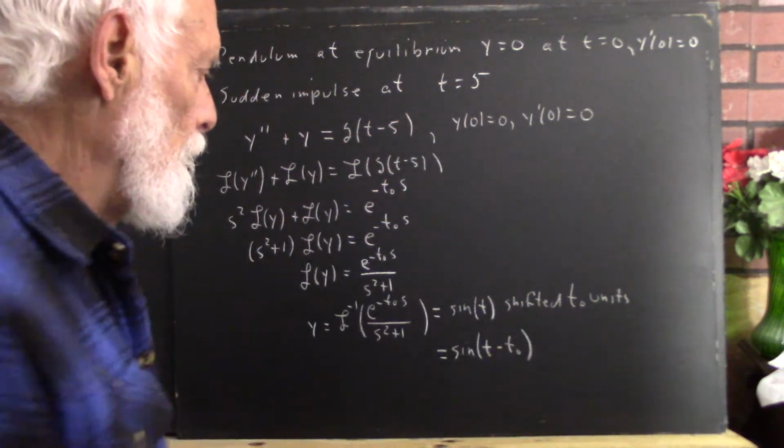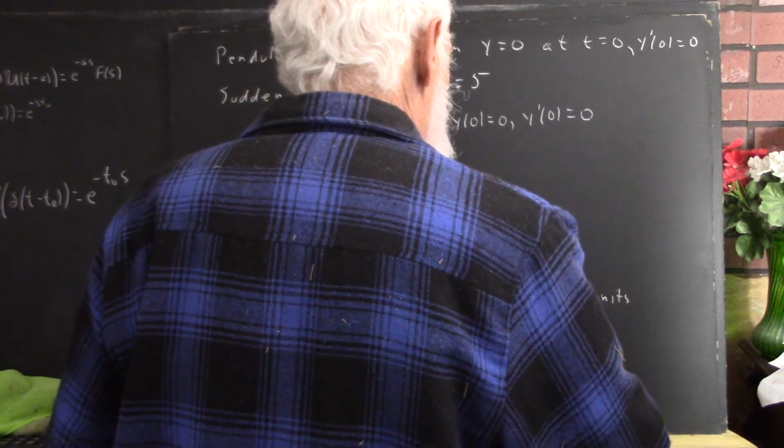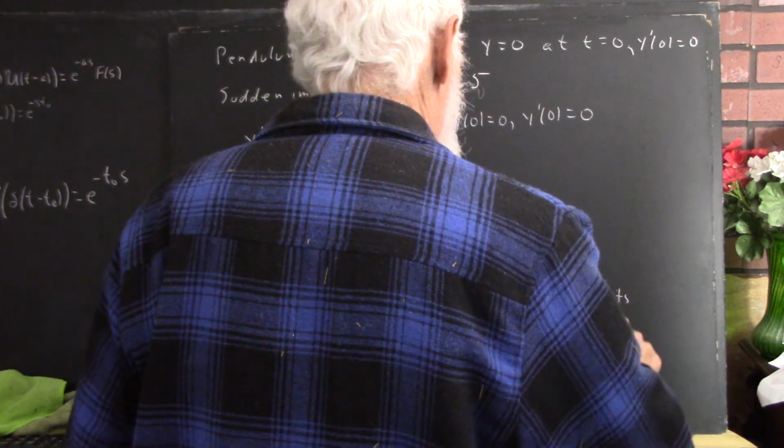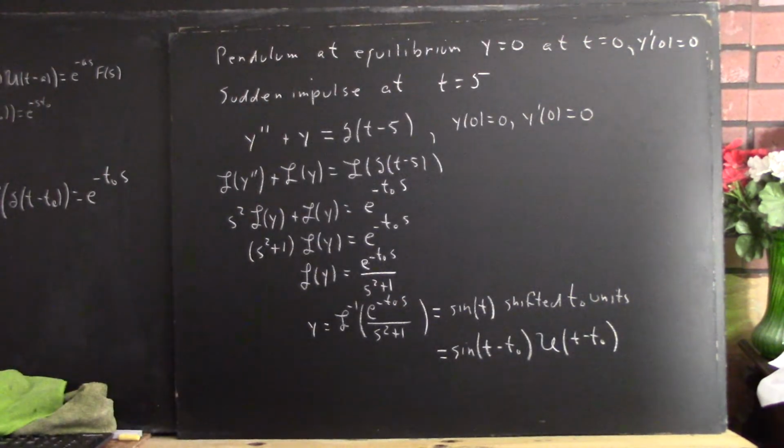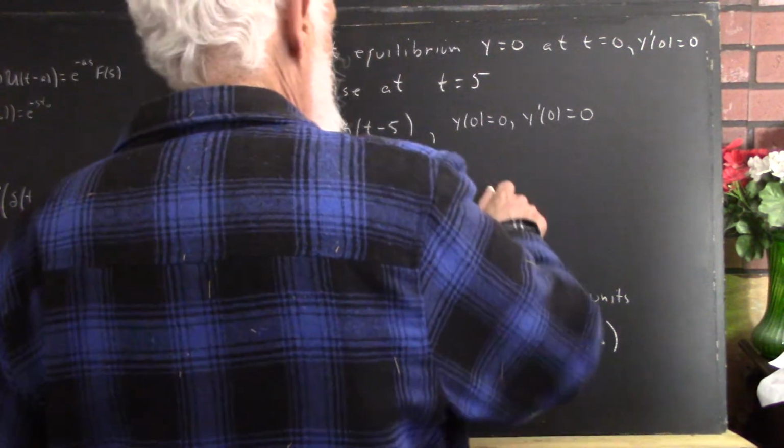Shifted to the right t naught units means you're going to have to multiply this by u of t minus t naught. So the result is just this.